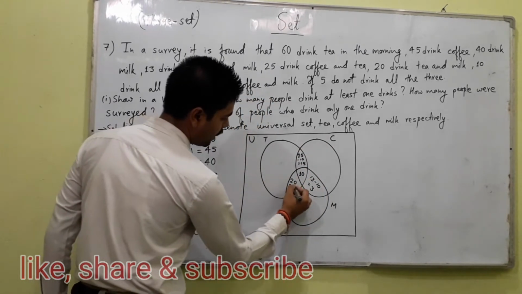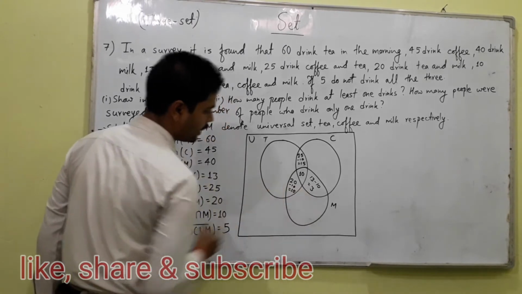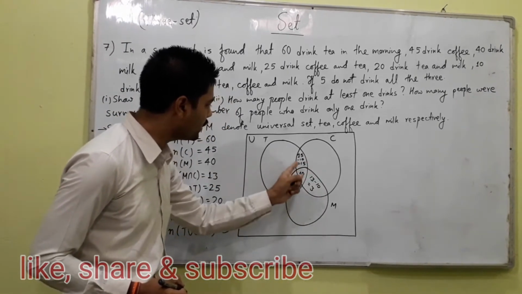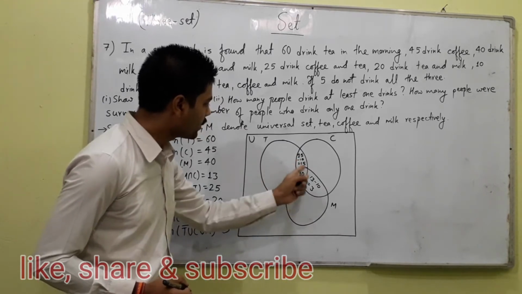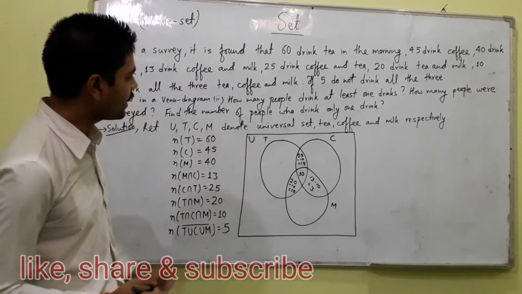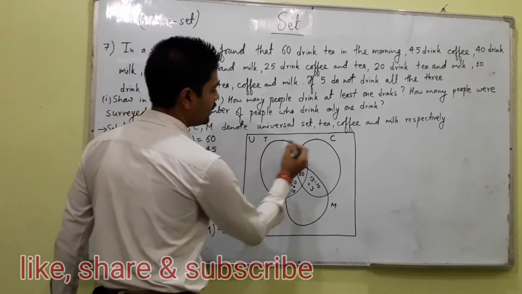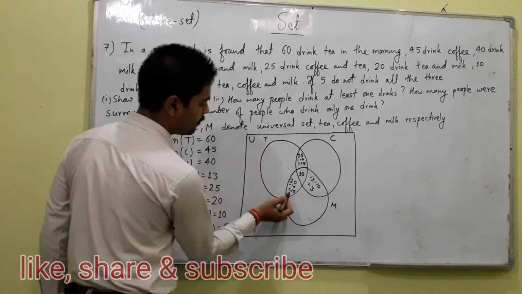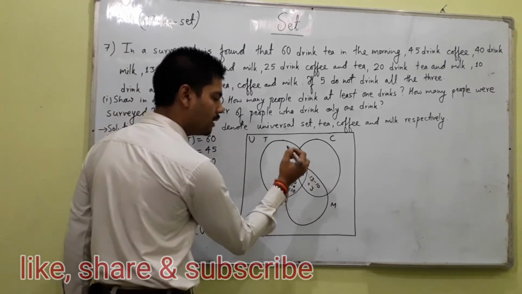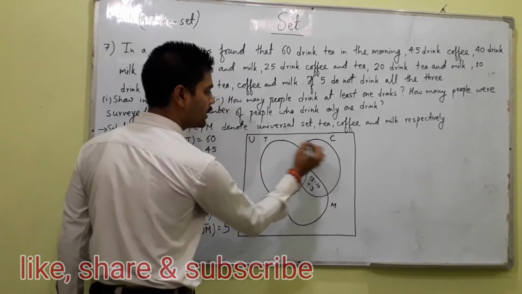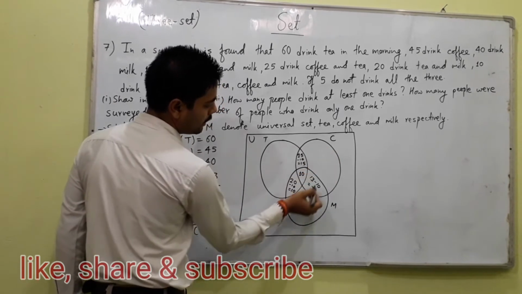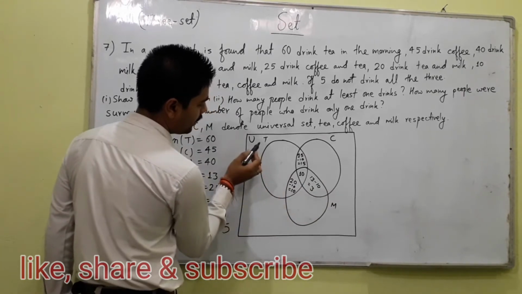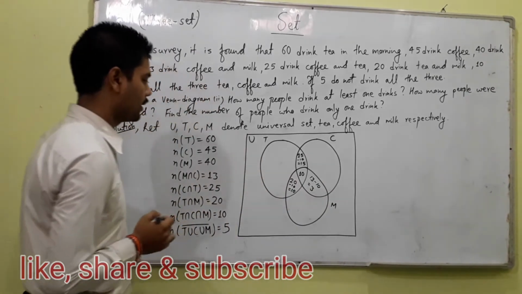Here also 20 minus 10 equals 10. It means this 10, which is common in all the 3 sets, must be subtracted so that we can get only tea and coffee, only coffee and milk, only tea and milk. Now there are actually 15 people who drink only tea and coffee, 3 people who drink only milk and coffee, and 10 people who drink only tea and milk.